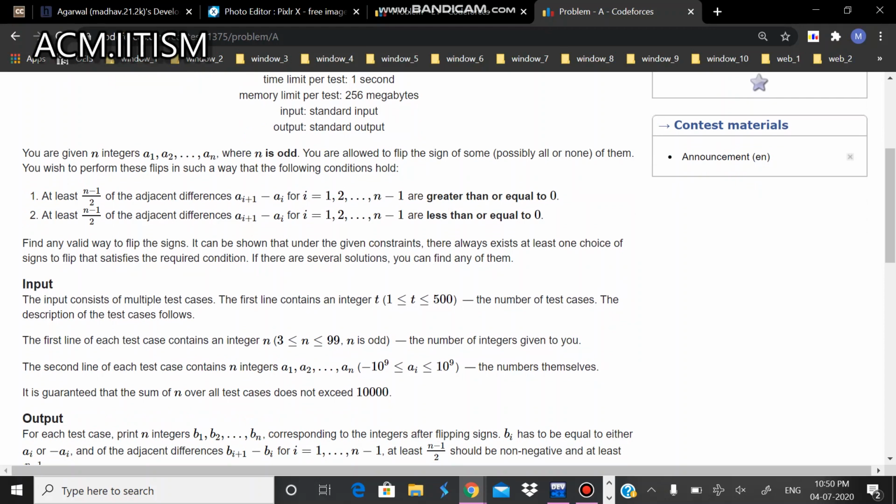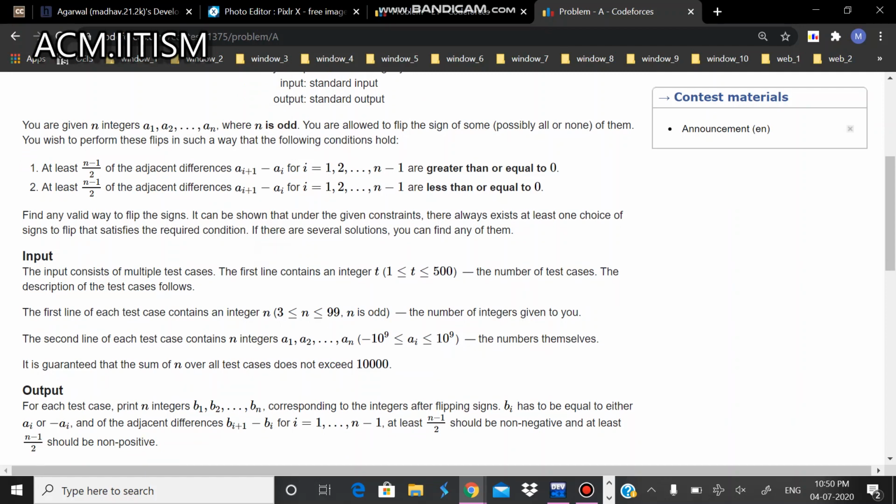In this problem, we are given an array of n integers where n is an odd number, and we have to perform some flips such that at least this many adjacent differences are greater than or equal to 0, and at least the same number of adjacent differences are less than or equal to 0.